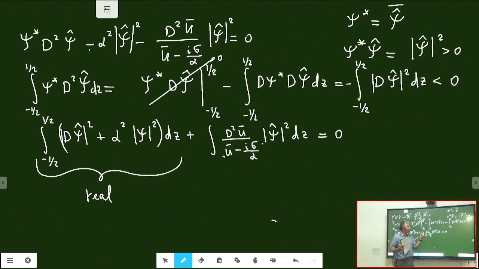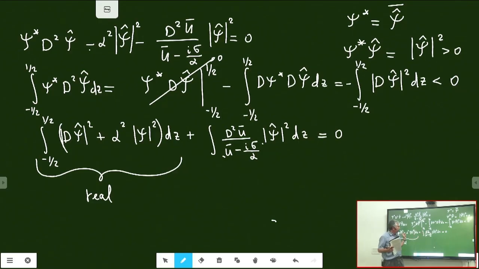Sigma in general contains a real and an imaginary part, and if you take the imaginary part and multiply it by I, you will get a real quantity. But if you take the real part of sigma and multiply it by I, you will get a complex, imaginary quantity. So therefore, this is definitely real, but this one is definitely complex.